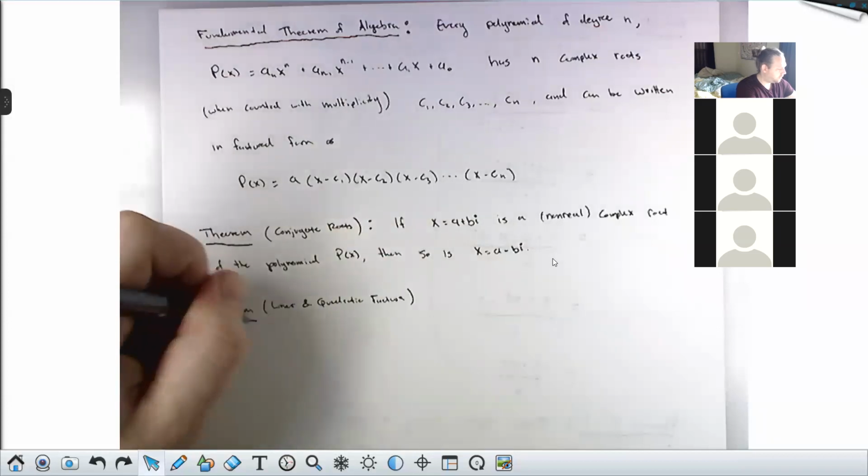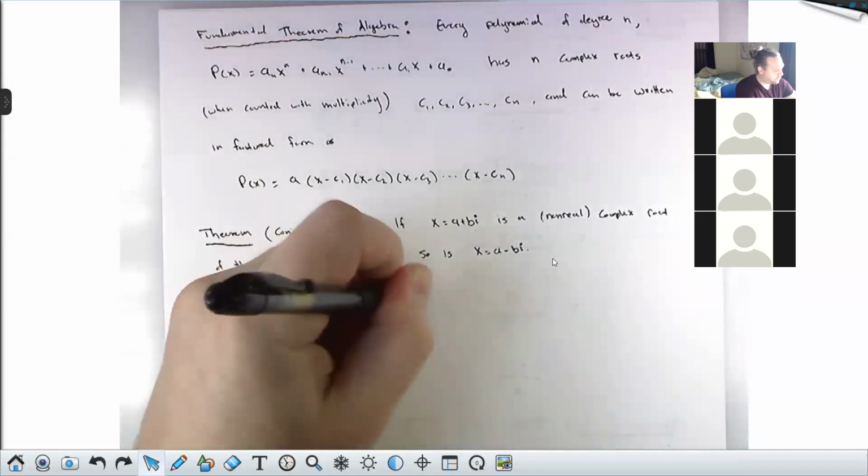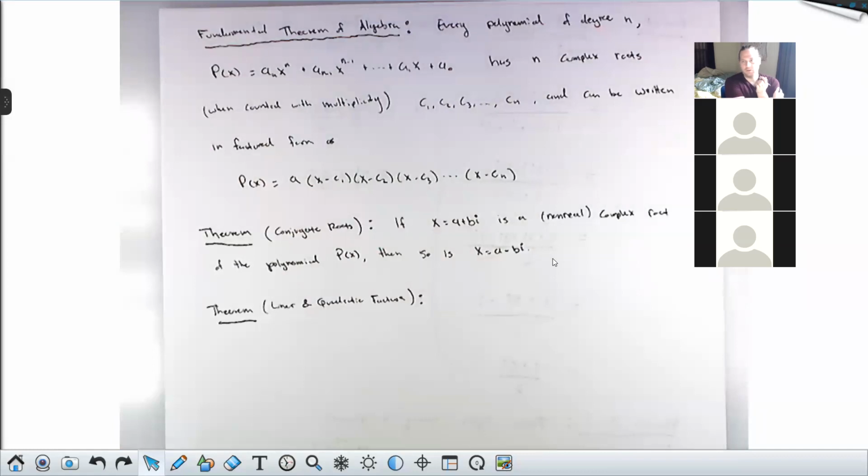So last week, as we were working through these factoring problems where we use synthetic division, once we arrived at a quadratic, we were pretty stoked because we knew what to do from there.